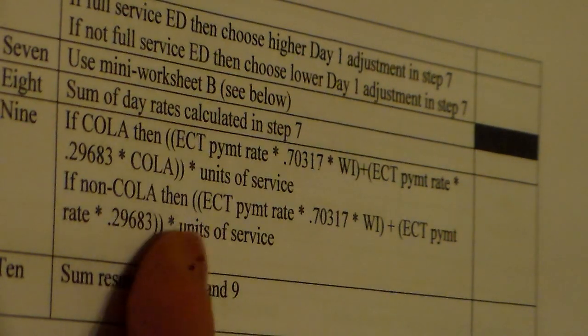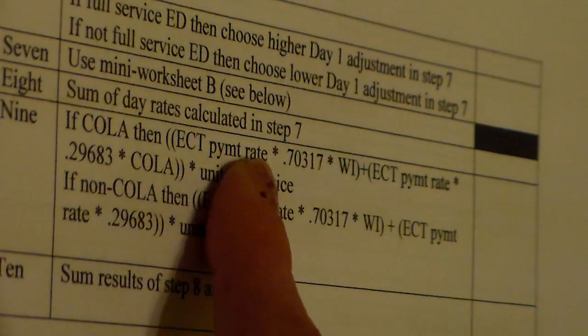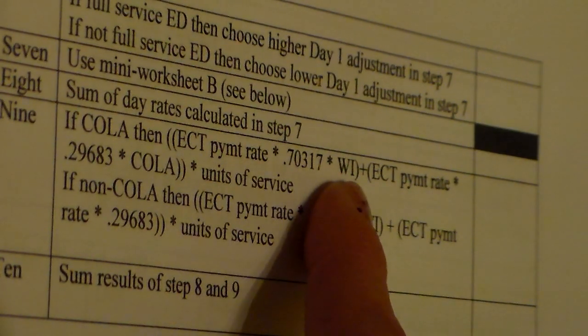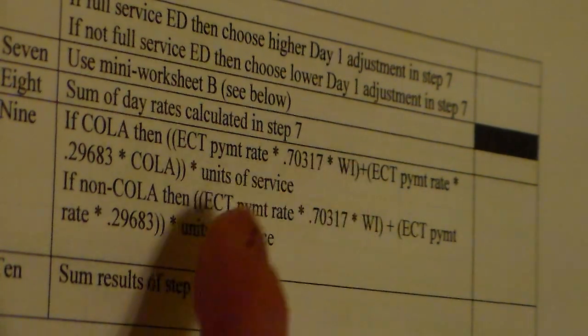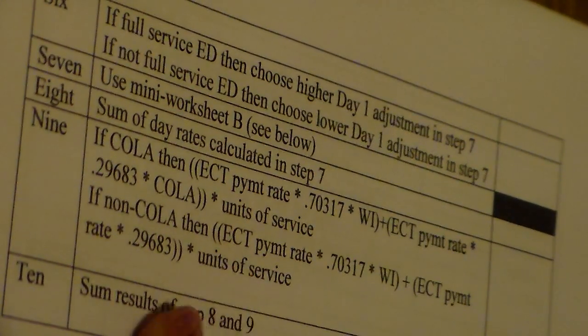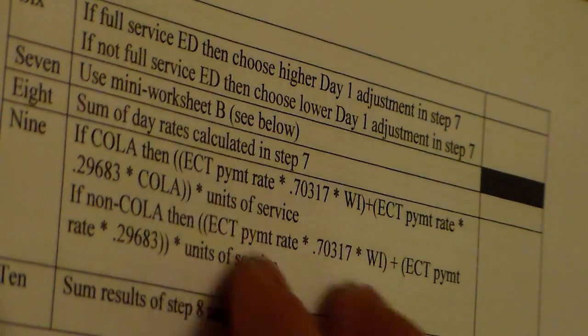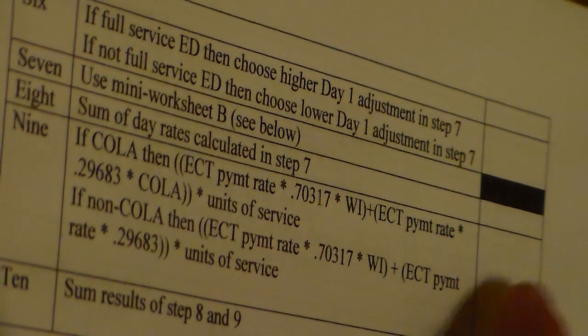So you're going to find the ECT payment rate with the claim information. Again, the wage index is with the facility information, and you're just going to plug in the information based on whether or not the facility was COLA eligible, and you're going to perform this calculation to complete step 9.